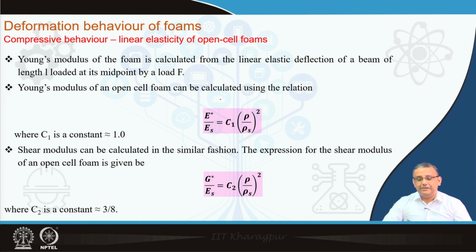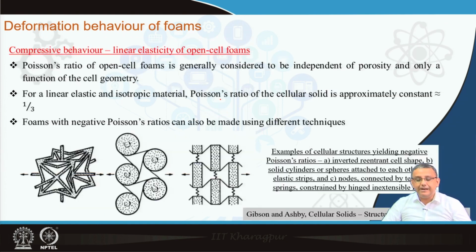And the expression for the shear modulus has also been proposed, as we already know that the shear modulus of materials is lower than the elastic modulus or the Young's modulus. So, here we have a similar expression, but with a different constant C2 whose value is approximately 3 over 8. When we combine these two expressions, because for cellular solids, if the material is isotropic in nature, meaning all the properties are the same along all directions, we need only two moduli.